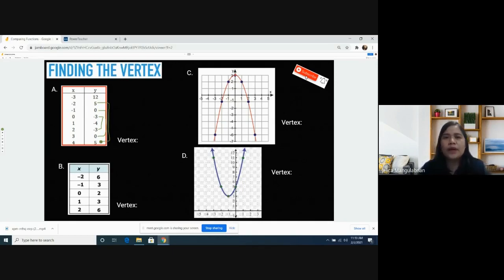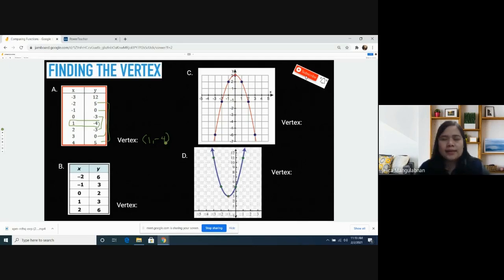Please type your answer in the chat box. The answer is quadratic function because we have symmetrical figures. Now, the vertex is the middle number, or the midpoint, or the peak point. So therefore, to answer this question, the vertex is 1, -4. That's it. See, it's just very easy, right?